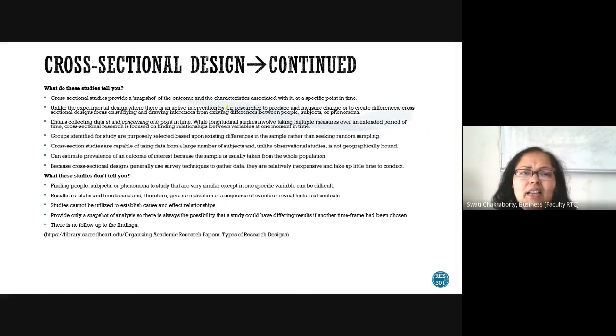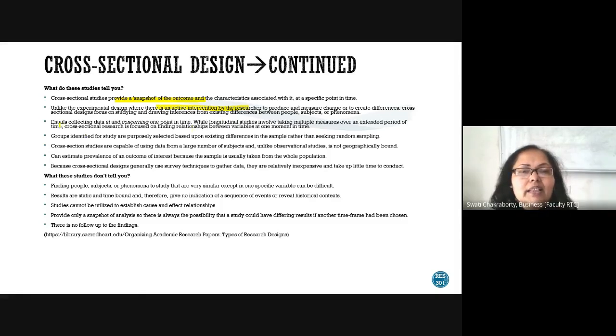What these studies tell us: they provide a snapshot of the outcome and the characteristics associated with it at a particular point of time. Here, there is no active intervention by the researcher to produce and measure change or to create differences, right? It focuses on studying and drawing inferences from existing differences between people, subjects, phenomena.